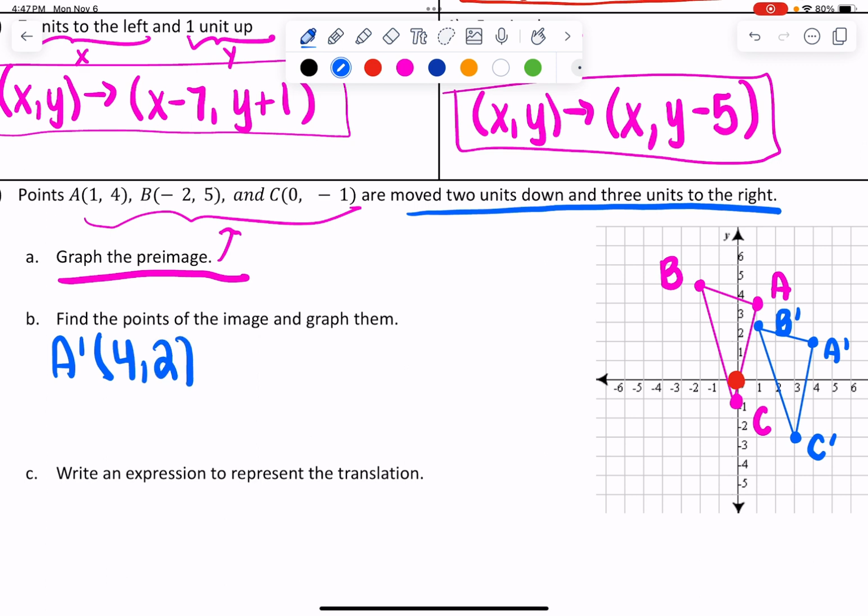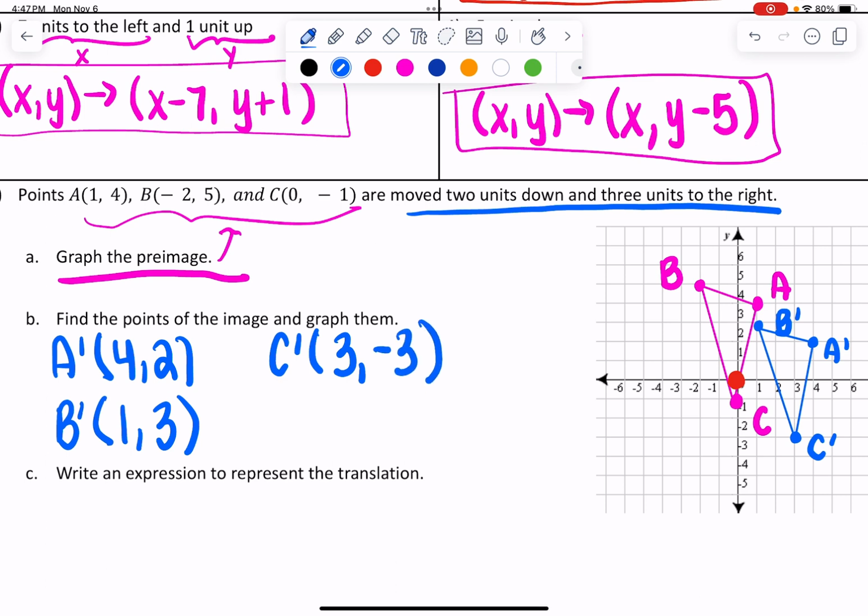For B prime, you would be moving 1 to the right and 3 up, so it's 1, comma 3. And then finally, for C prime, you would be moving 3 to the right and 3 down, so it would be 3, comma negative 3. That's one way of doing it. In a second, I'll show you a different way.